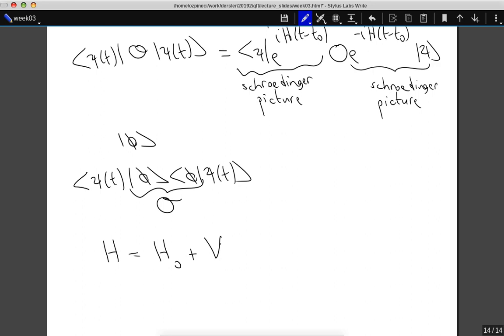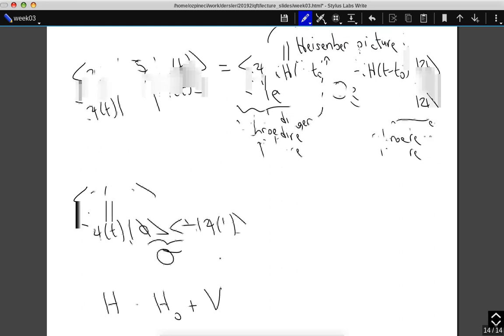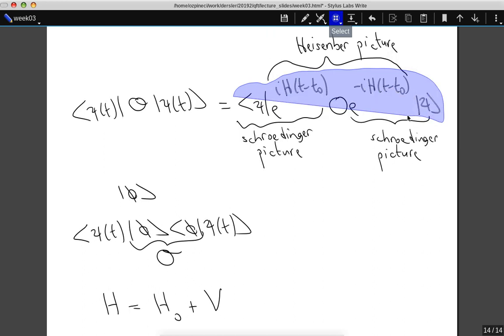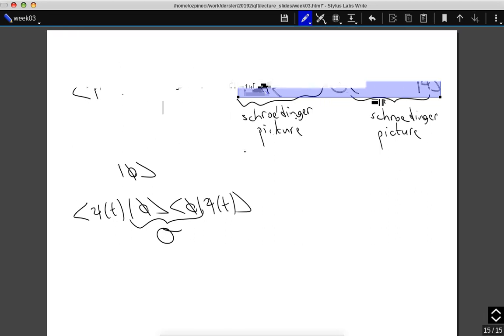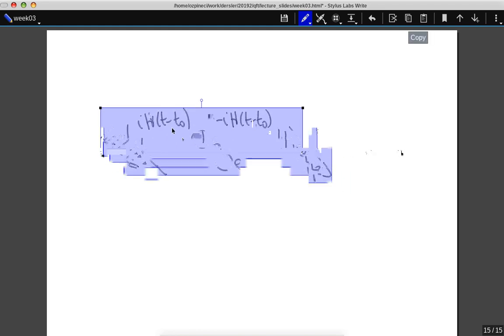Okay, let me try to make it more clear. So this is what we are trying to evaluate at the end of the day. Whatever picture you use, it doesn't matter. This is what I would like to calculate.